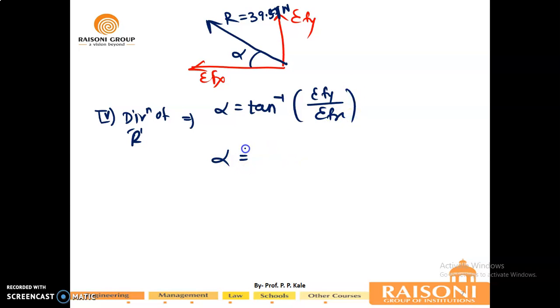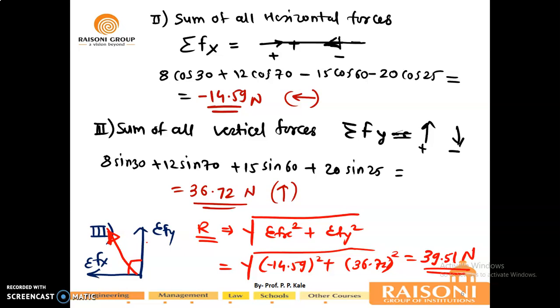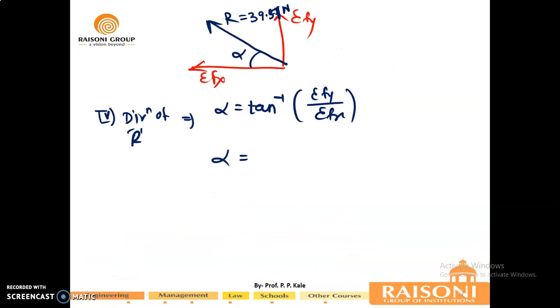So you will get the value of alpha or theta, whatever it may be. Shift tan, and in the bracket, summation Fy is 36.72 divided by 14.59. So that is 68.33 degree.